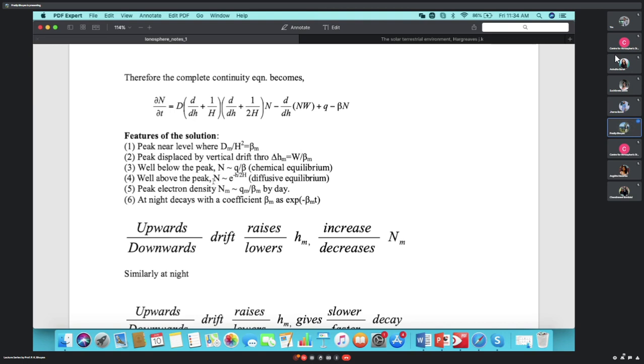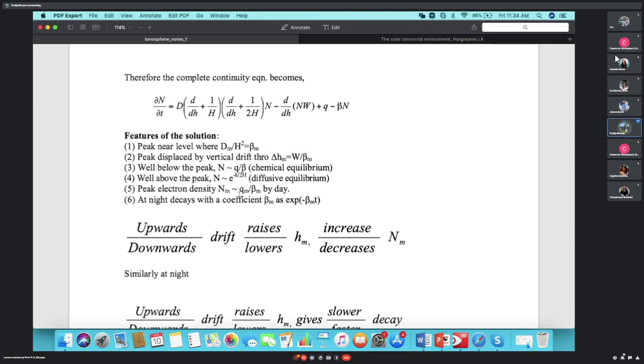Now, well below the peak, n is approximately equal to q by beta, chemical equilibrium. Above the peak, n goes as exponential of minus h by 2H, so diffusive equilibrium.